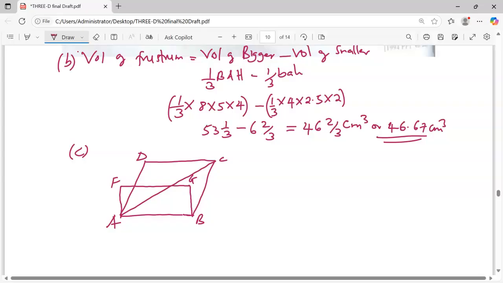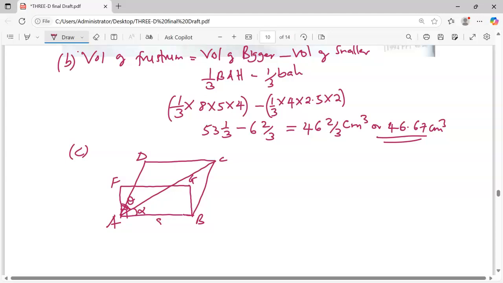But the angle we need is the angle theta here. So we are first going to calculate the angle alpha, then get the difference of the two, because the total angle at this point is 90.